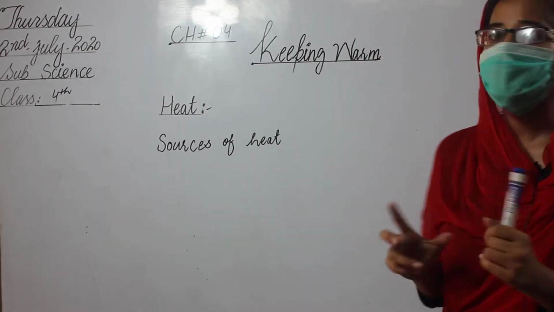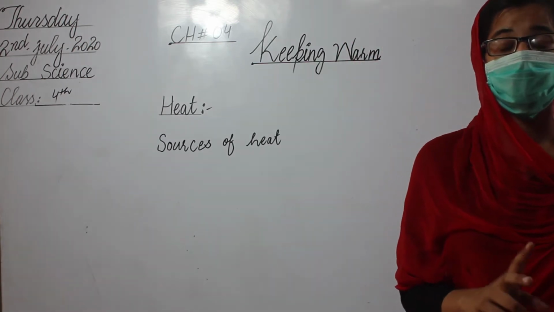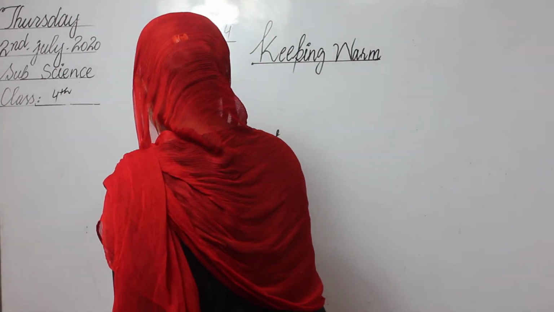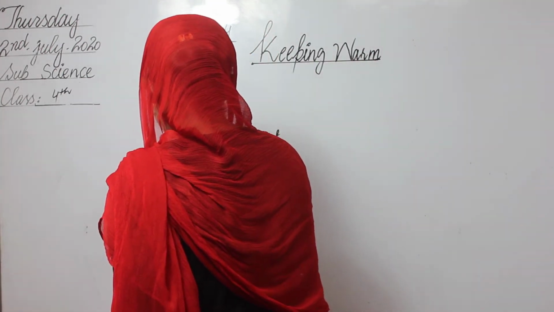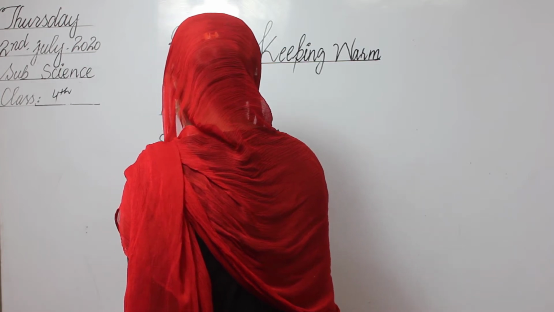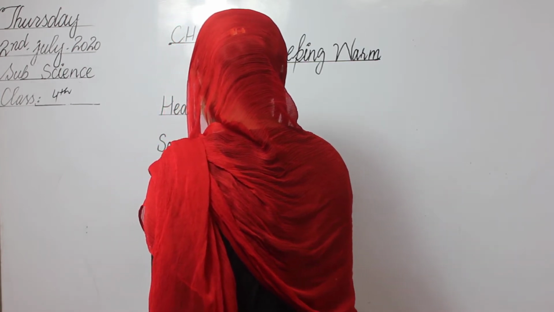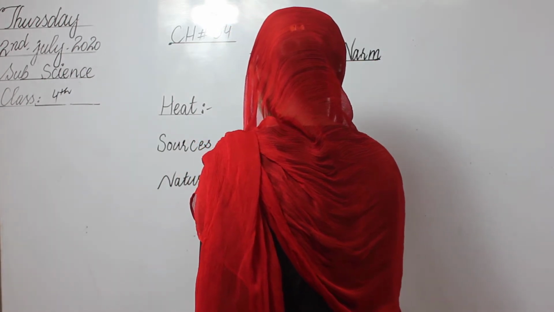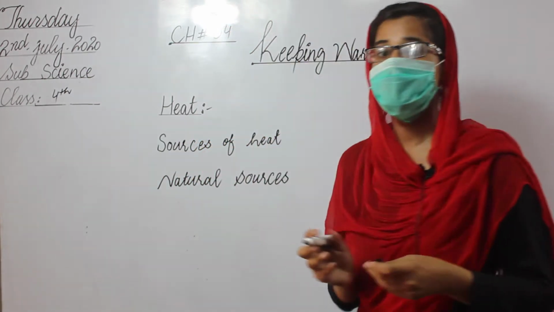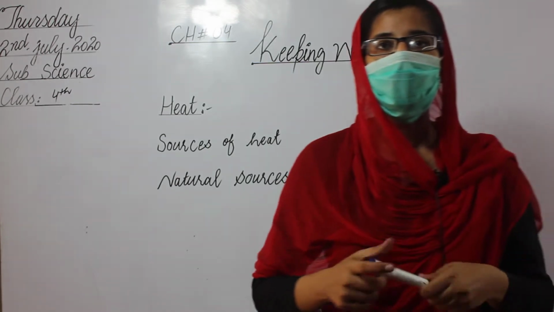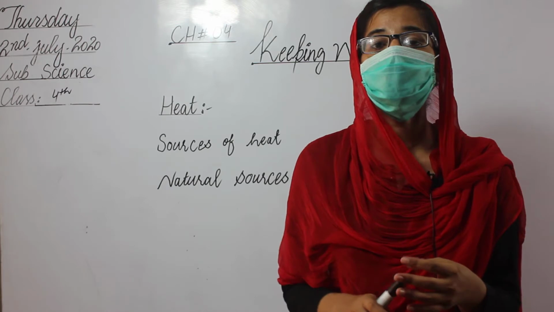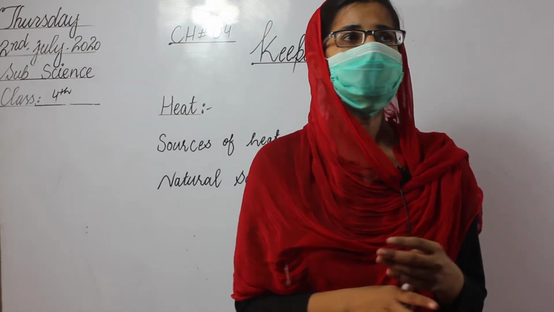Now here are the two types of heat sources. First one is natural sources. Natural sources of heat. You know that the sun is the main natural source of heat and energy.